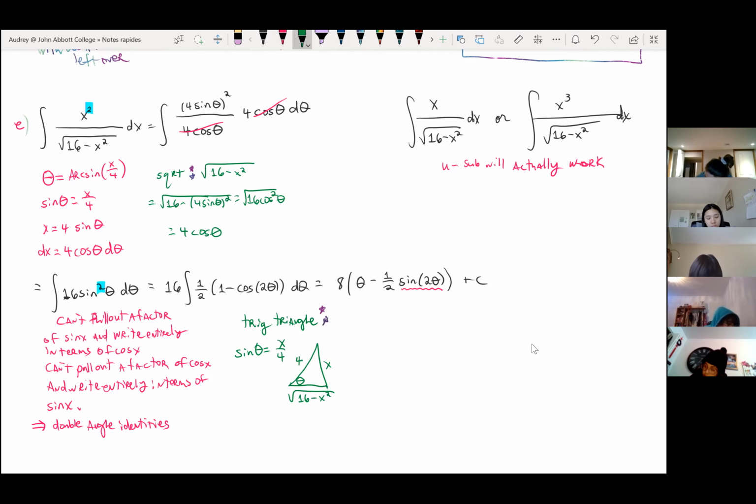What's the angle in my trig triangle? Theta. The angle in my sine of 2 theta is not theta, it's 2 theta. So here I'm going to use the fact that sine of 2 theta is equal to 2 sine theta cosine theta, and rewrite this thing.